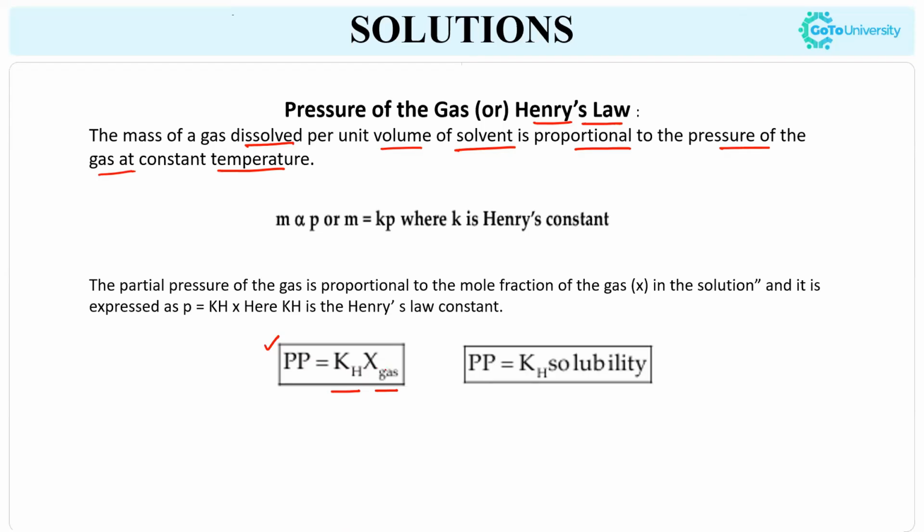So what the mole fraction denotes is how much gas is soluble in the solution. So we can use the term solubility as well. So we can write in two ways. First one, Henry's constant times the mole fraction, or Henry's constant times the solubility. So this is the equation to find out the partial pressure of the gas. Okay, this is according to Henry's law.